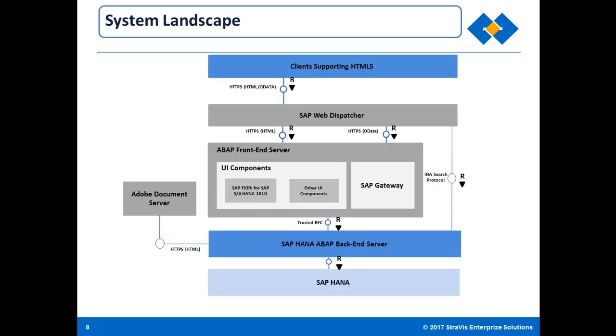In the system landscape, when you plan to build S4HANA on-premise edition for your best practice, I would start with the bottom where you would install your SAP HANA database. On top of that, you would be deploying your SAP HANA ABAP stack. That would be for your S4HANA.